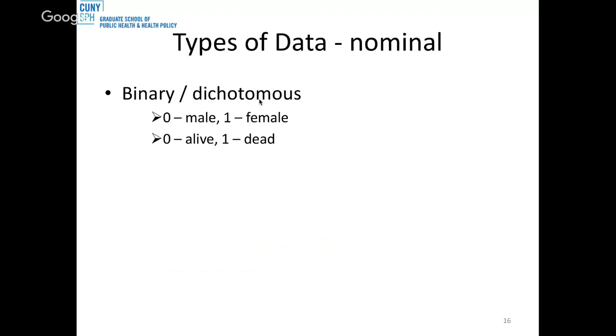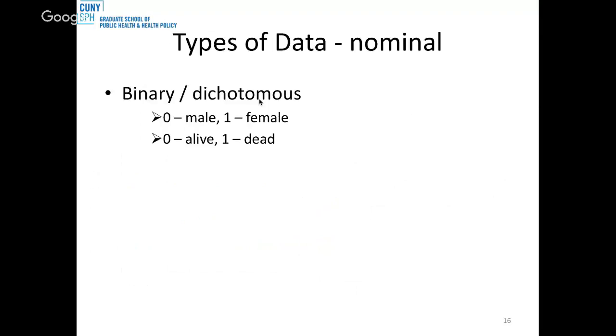Starting with nominal, the reason that this is called nominal data is that they are nominally numbers. In fact, they're not really numbers. An example would be a study that categorized its participants as either male or female.